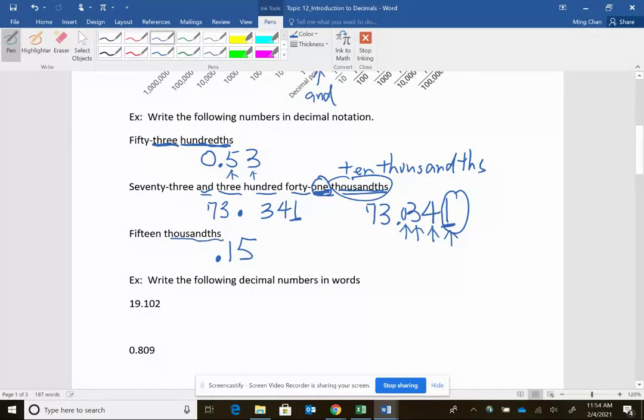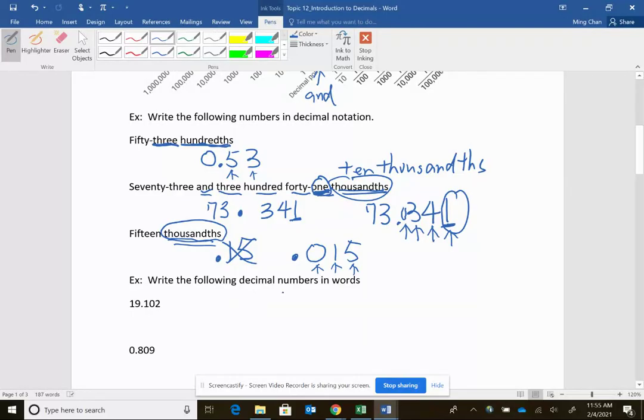But right now the 5 needs to be on the thousandths place, so this is not correct. How do I make sure the 5 is sitting on the thousandths? By simply adding a 0 right here. If the 0 is between the decimal and the 1, the 0 is the tenths, 1 is the hundredths. Therefore, 5 is on the thousandths.